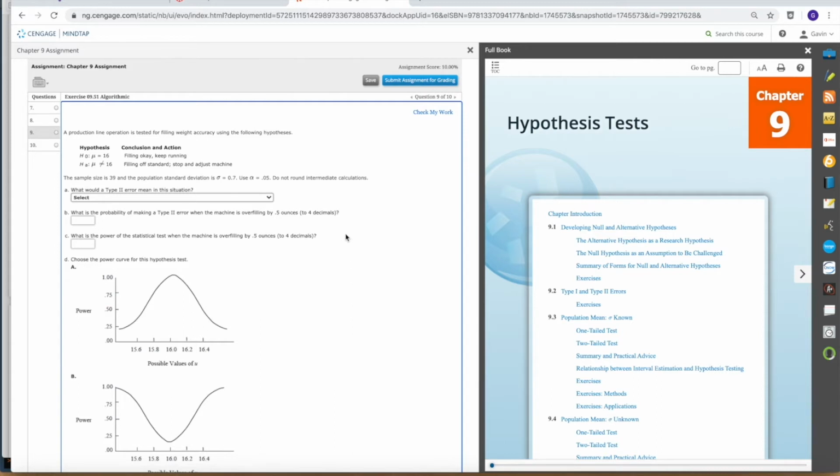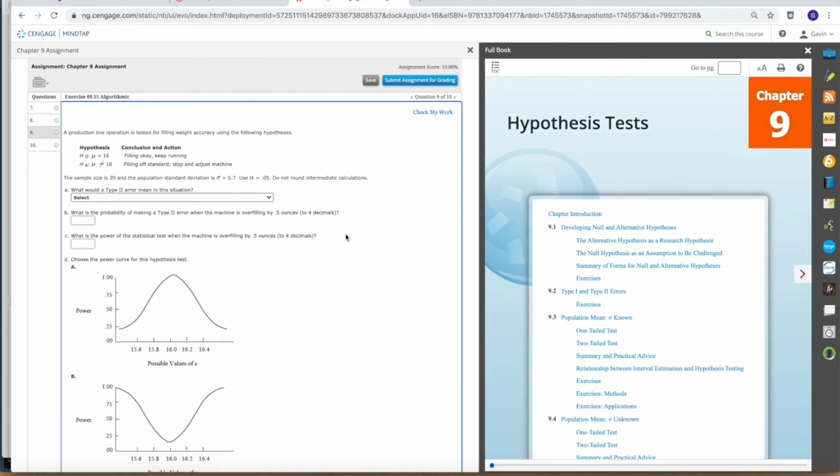But we don't have time to test every single one, so we'll take a sample and figure out the probability we'd be able to pick up a 16.5 problem. So if the mu is actually greater than 16.5, maybe that's the threshold where the overfilling becomes a problem for the machinery.